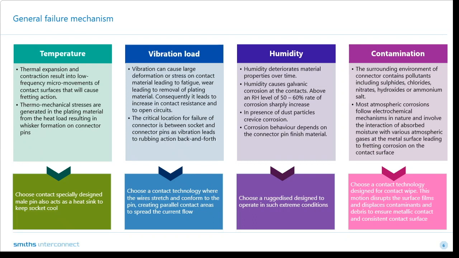Thirdly, humidity. Humidity deteriorates material properties over time. It causes galvanic corrosion at the contacts, and then as that failure mode of corrosion sets in, like I said in the previous one, it creates that vicious cycle where it increases the contact resistance and brings about a change from a good to a poorly performing connector.